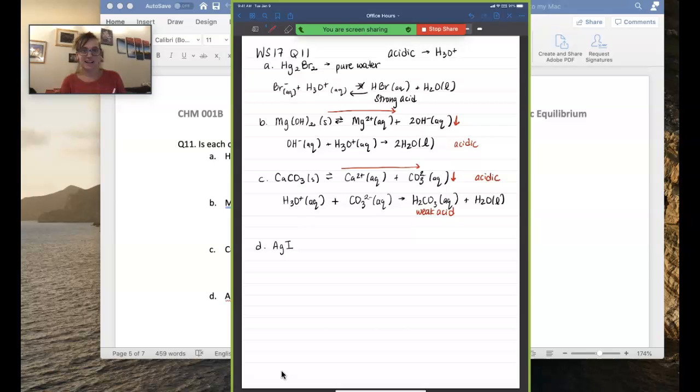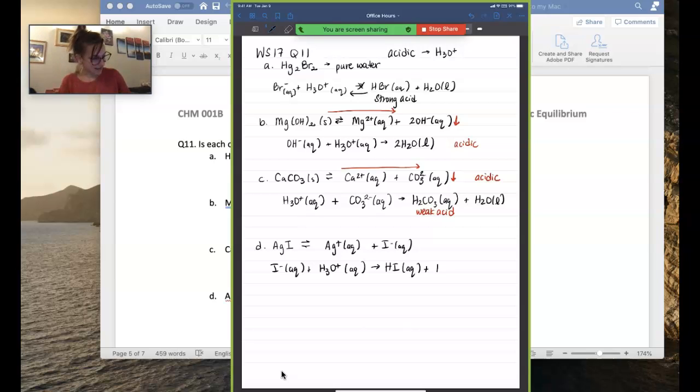And then silver iodide. Silver iodide would dissociate into silver and iodide. Once again, we ask ourselves, will iodide react? Well, technically it would react with the hydronium ion, but it would make hydroiodic acid.